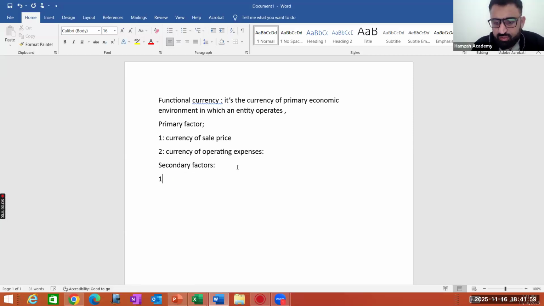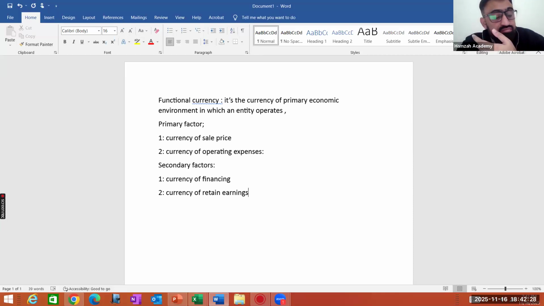Secondary factors include the currency of financing and the currency of retained earnings. These are the guidelines regarding the functional currency. Okay.